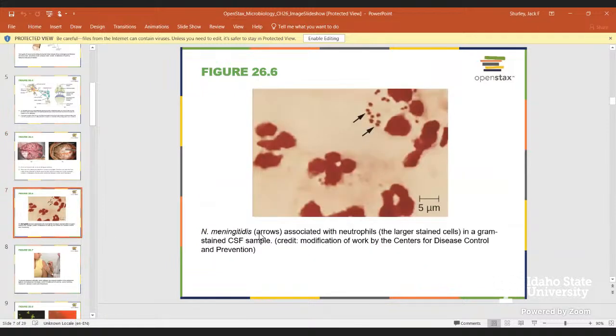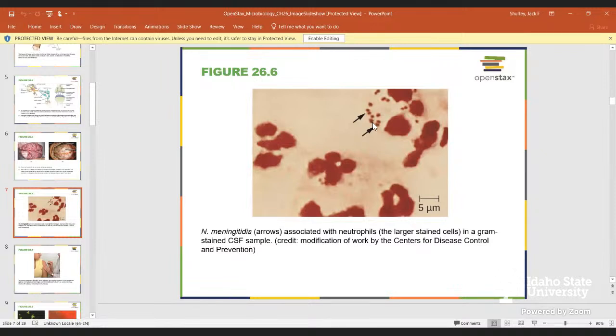Neisseria meningitidis, the culprit for meningitis. This is the one that we're assuming that it is, but we're hoping it's not. It's a super serious one, lending to definitely some serious mortality rates, if not caught and treated rapidly.